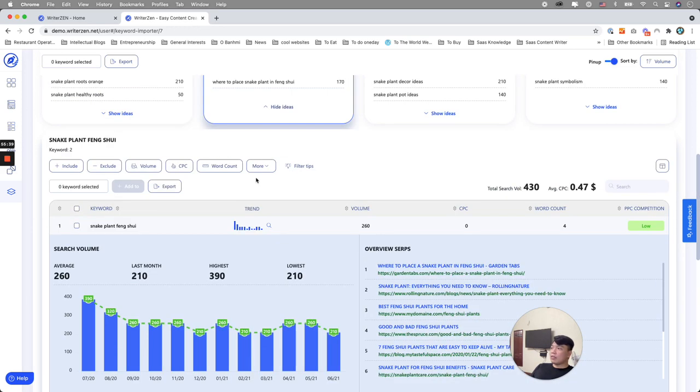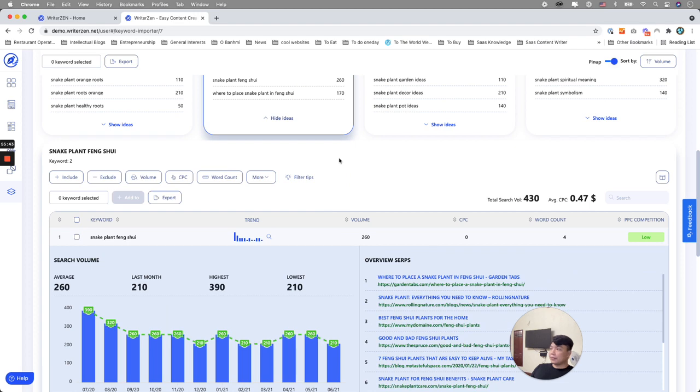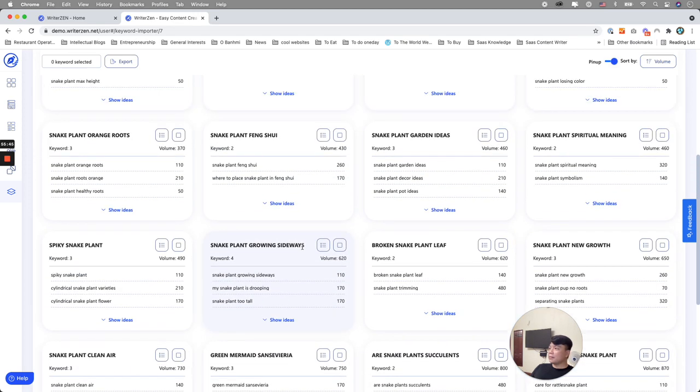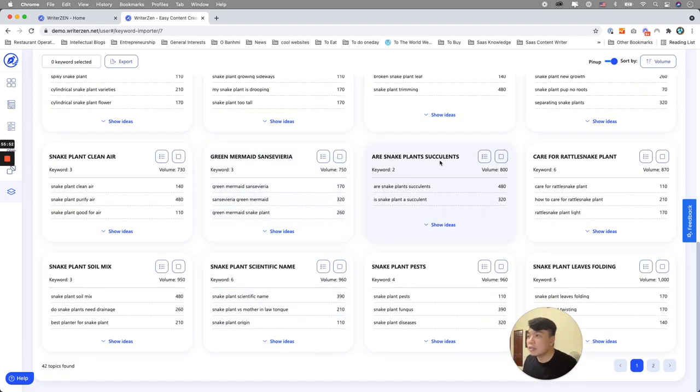So you see, once, for example, let's choose this. Oh no, there's something with more volume.